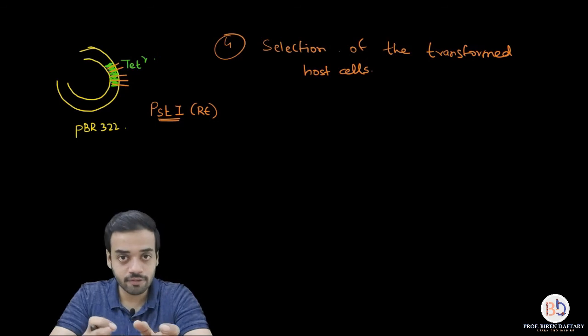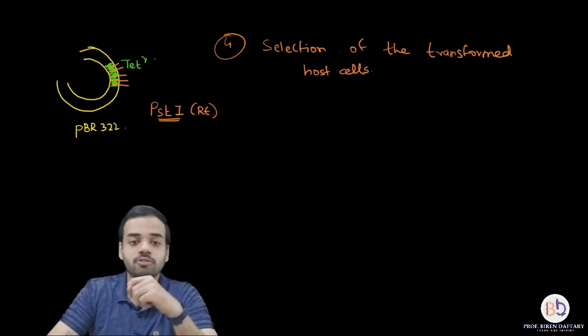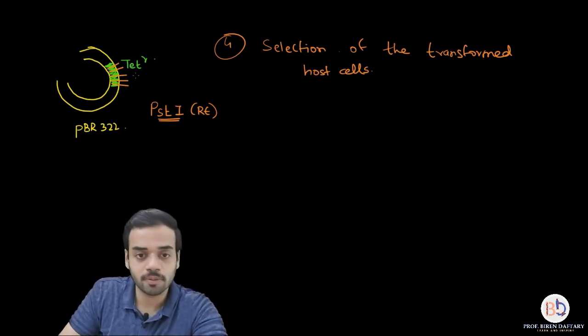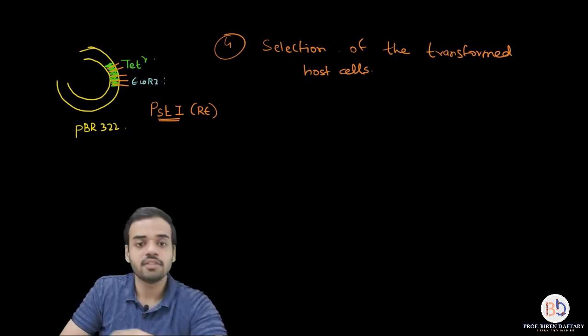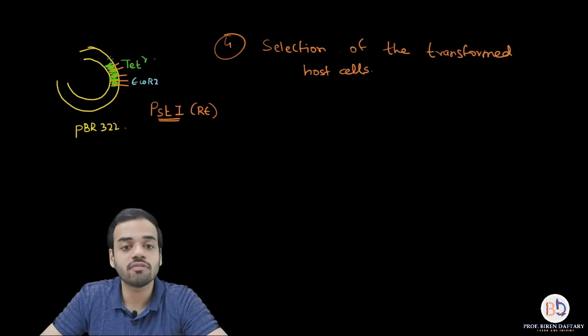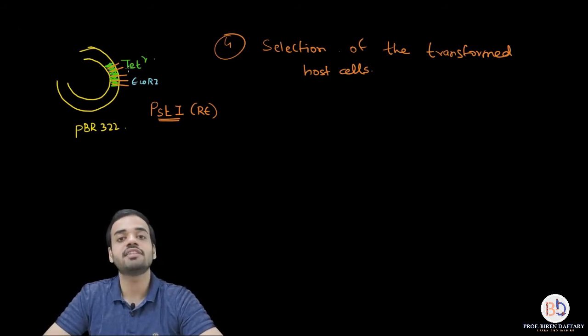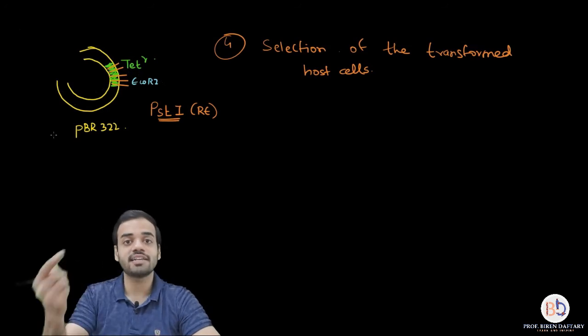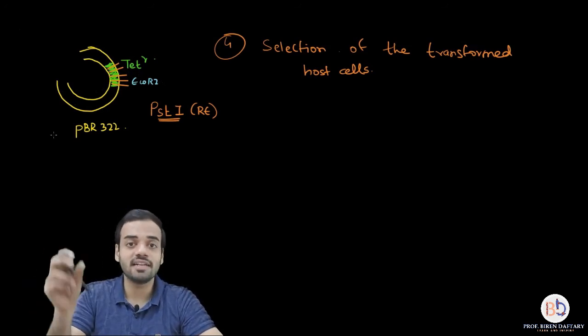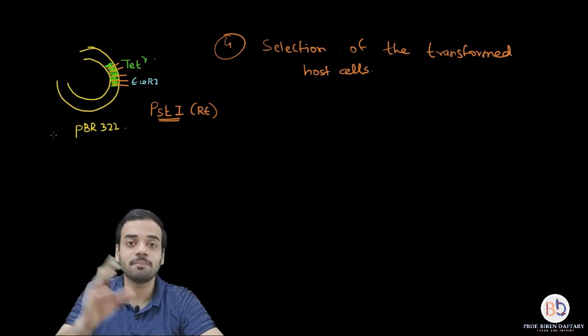Similarly, suppose we have not used PST1. I am just giving you an example: suppose this site over here is EcoR1. If I use EcoR1, then the EcoR1 restriction enzyme will cut the area of the tetracycline resistant gene. So in that case, what will happen? Tetracycline will kill PBR322, but ampicillin will not.